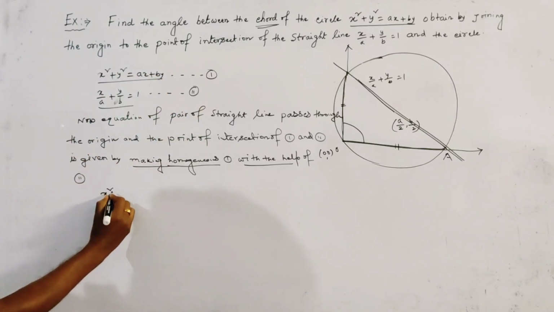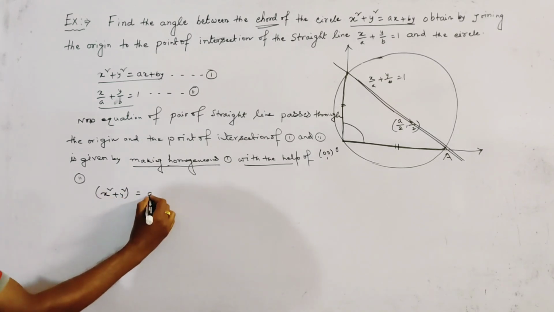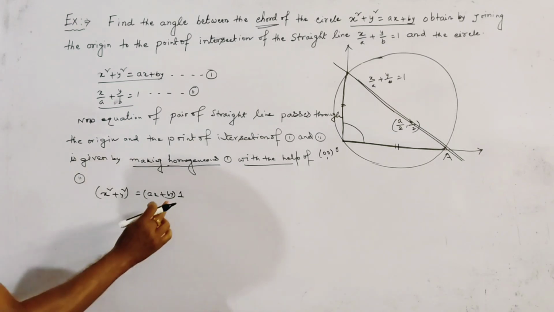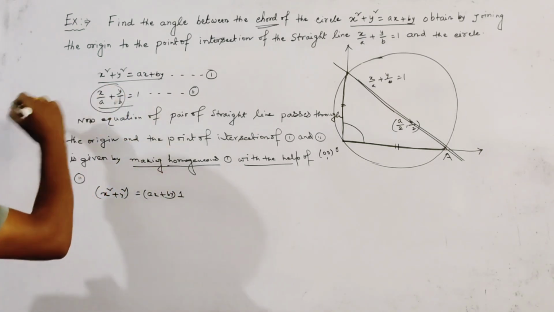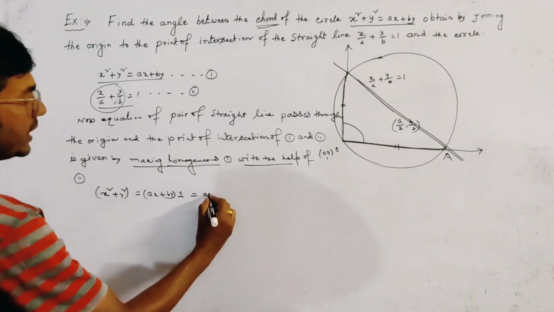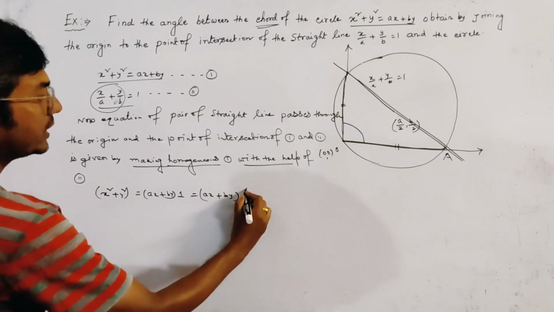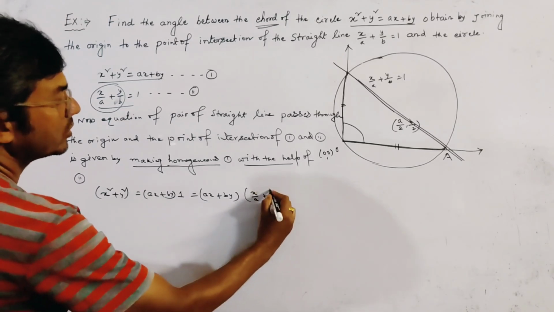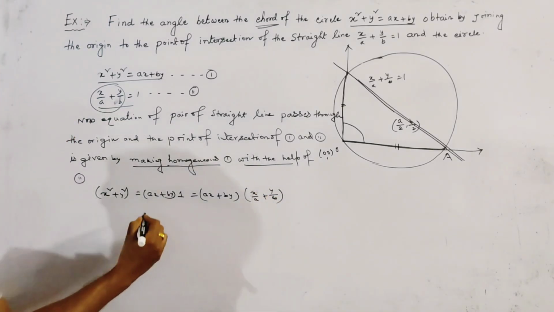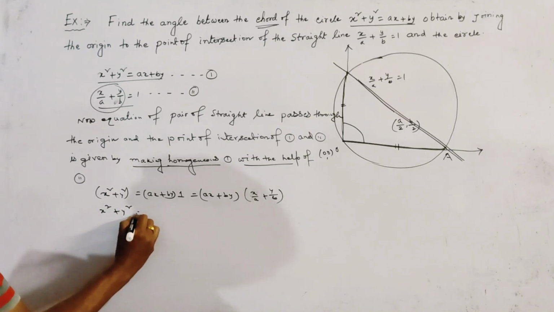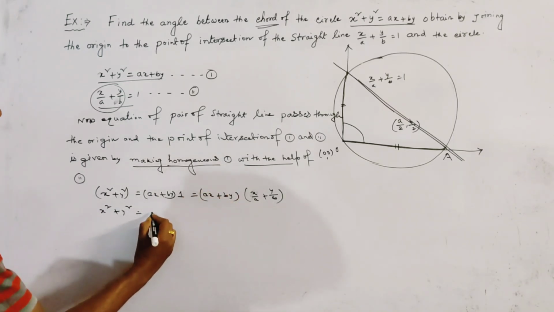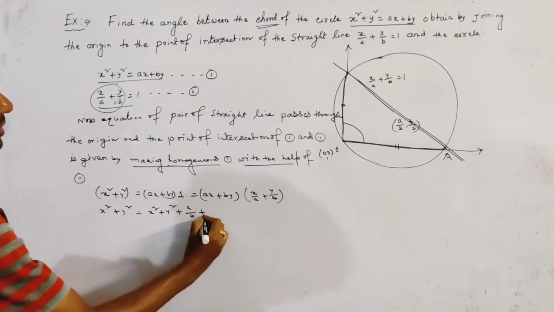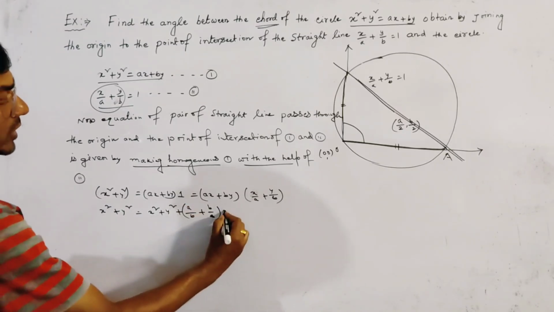So we get x square plus y square equal to ax plus by into 1, and we put the value of 1, which is x by a plus y by b. So this is ax plus by into x by a plus y by b, right? By multiplying the right side we get x square plus y square plus a by b plus b by a into xy.